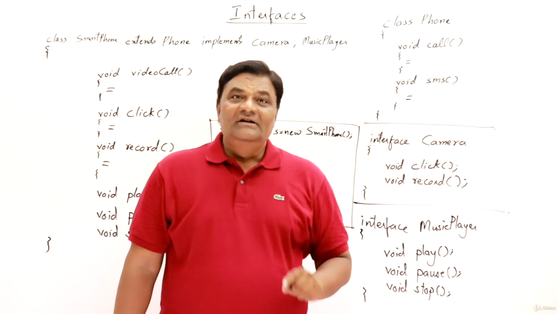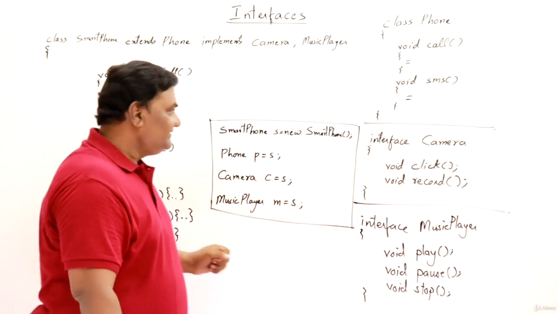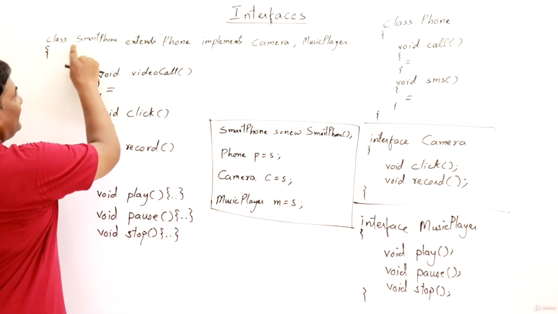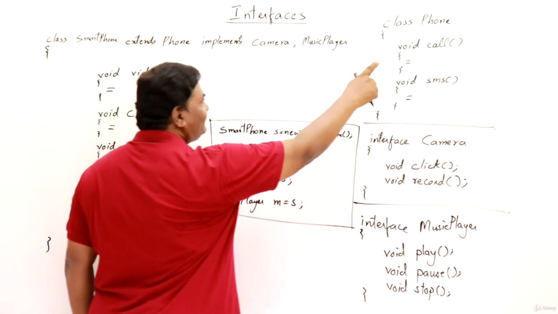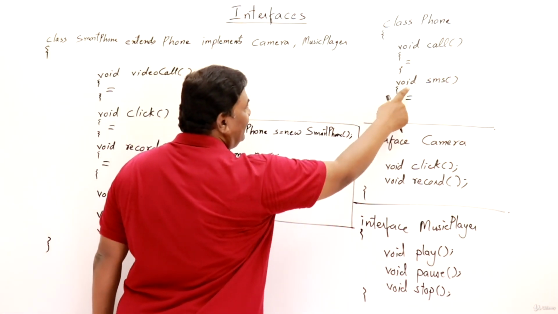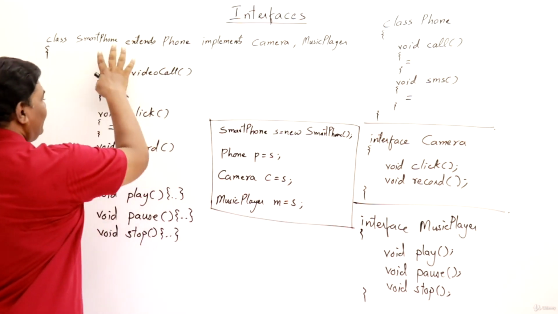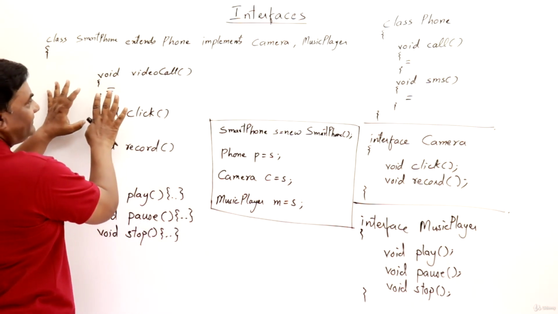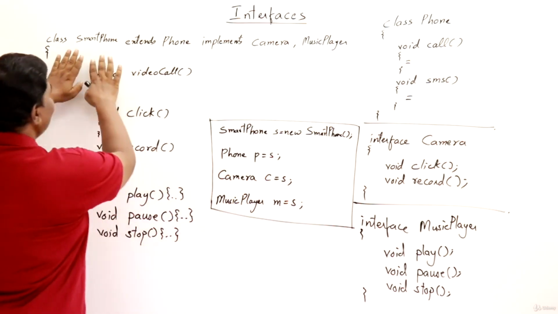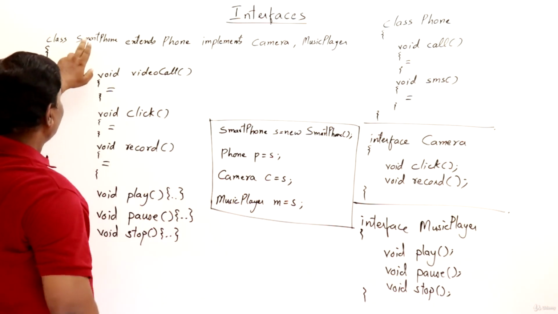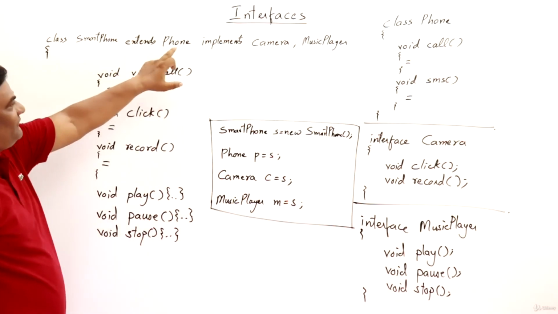Now let us come to the SmartPhone class. Just watch this carefully. Class SmartPhone extends Phone, extends this class. So call and SMS will be inherited and available here, right? Whatever is there in the Phone is available in SmartPhone. Now you can read it like this: SmartPhone is a Phone.